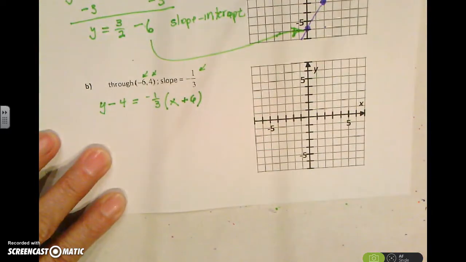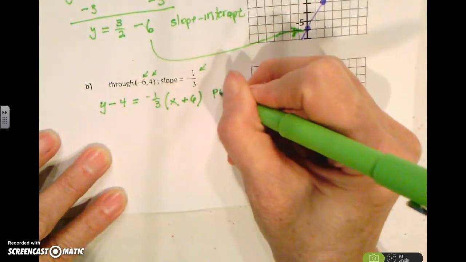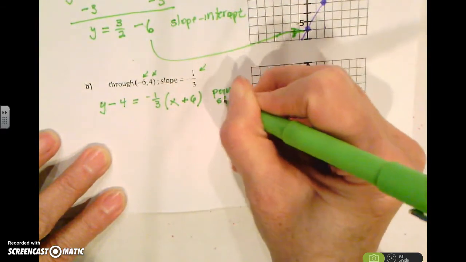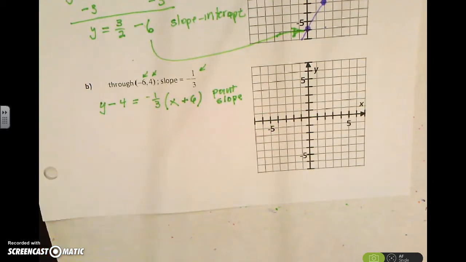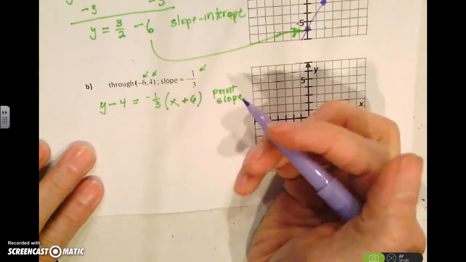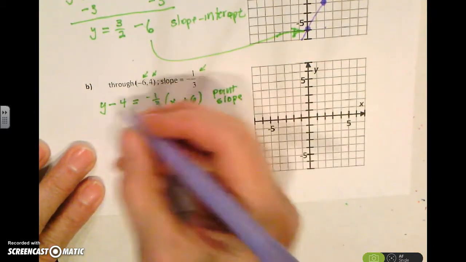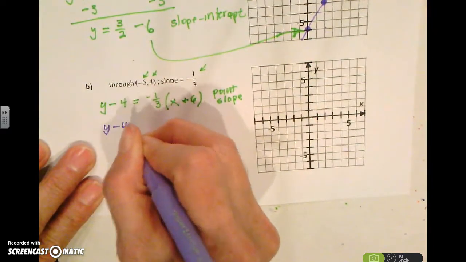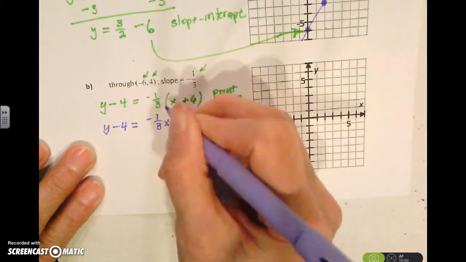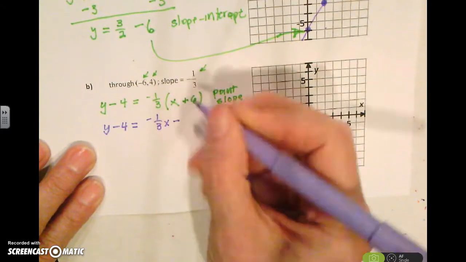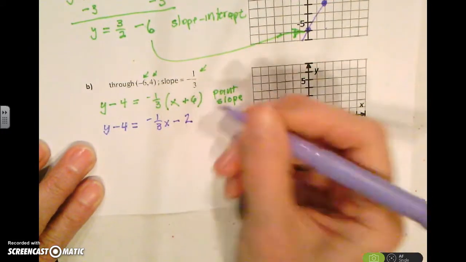So here it is written in point-slope form. So here's point and slope. I can look at this and easily see the point, negative 6, 4, and the slope, negative 1/3. Now to change it, I'm going to distribute. So I'm going to have y minus 4 equals negative 1/3 x, and then distribute and get minus 2.